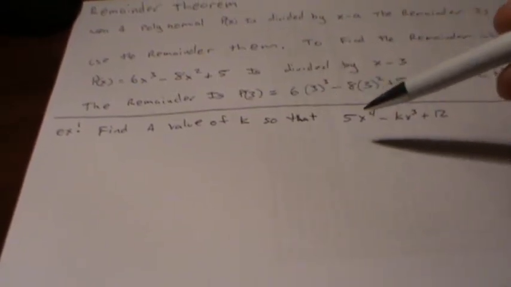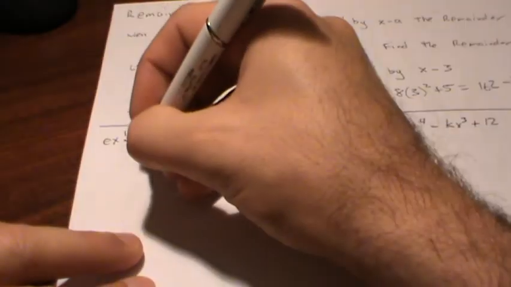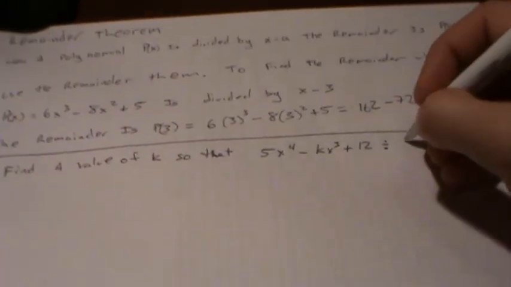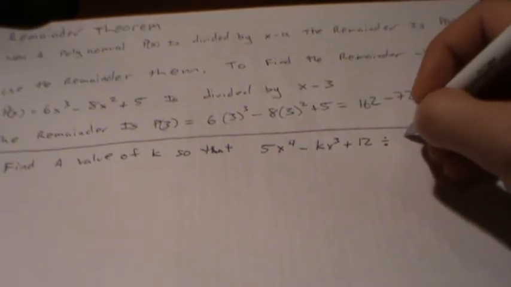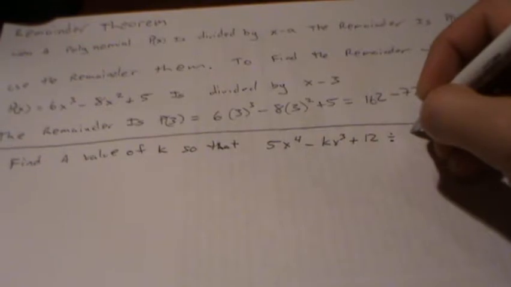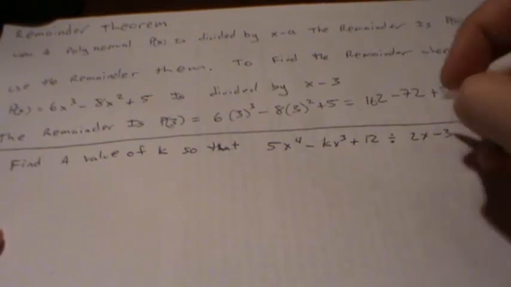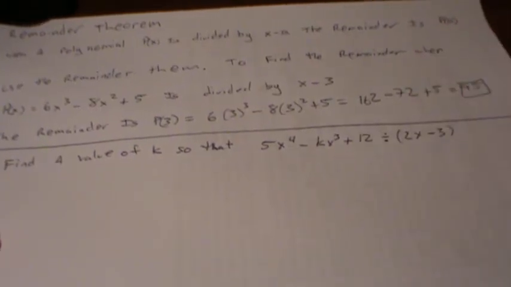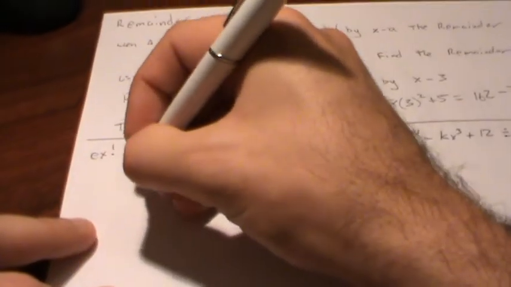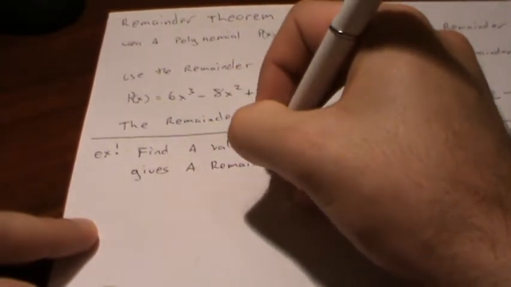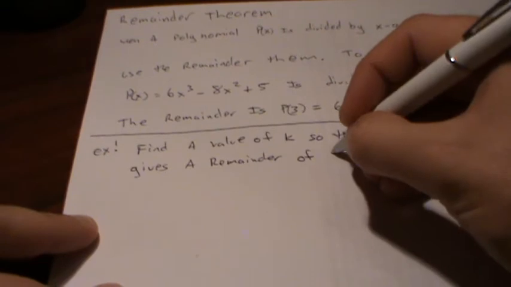find a value of k so that this, divided by 2x minus 3, gives a remainder of 8.